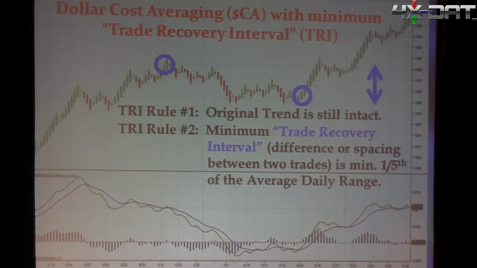Protected trades don't matter because they're protected, they're not at risk. And minimum trade recovery is the difference or spacing between two trades, minimum 1/5 of the average daily range. I think, Gary, that was the question you were asking right there, so you were just slightly ahead of it.